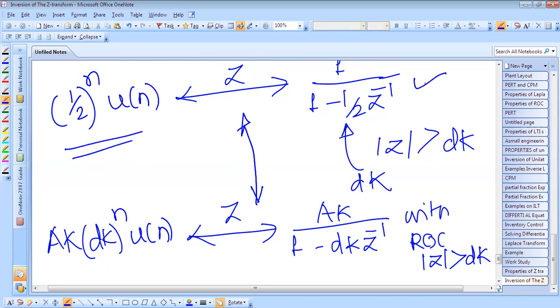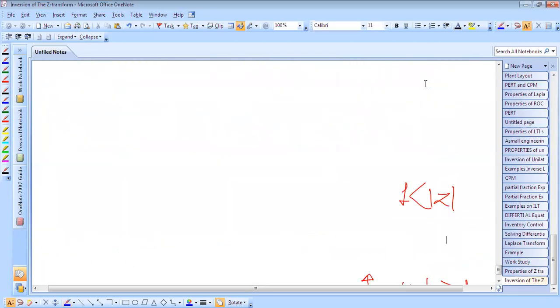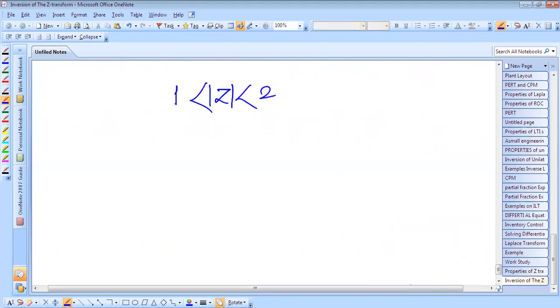Now we'll go for the second term. So ROC has a radius less than the pole at z equal to 2, because we have seen that the magnitude of z is less than 2 but greater than 1.